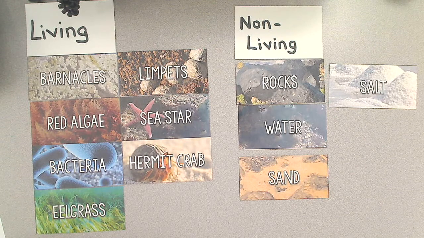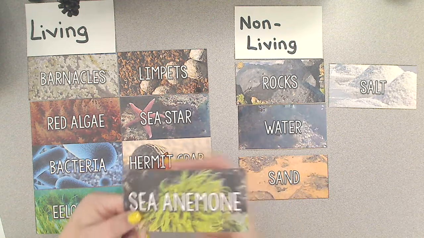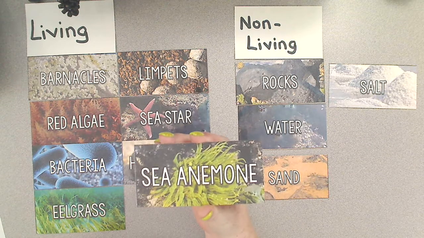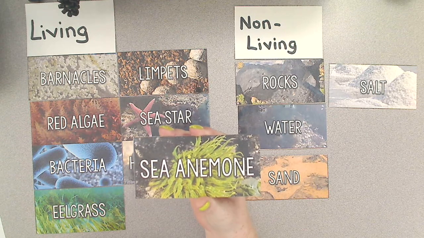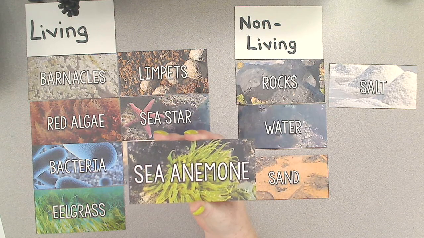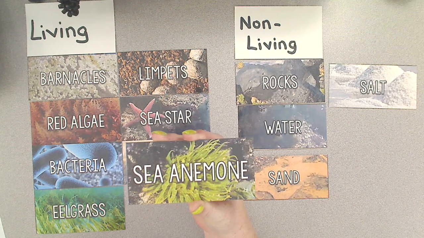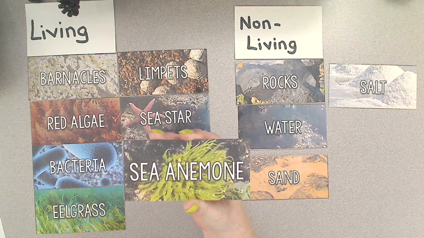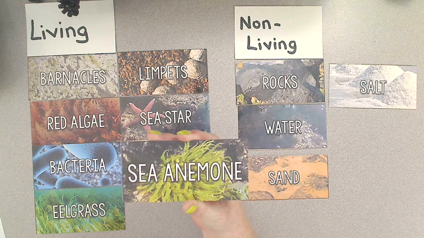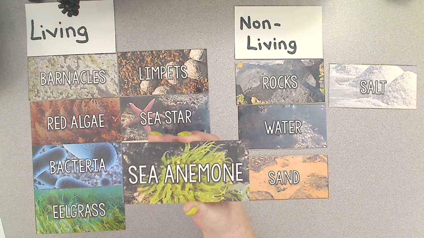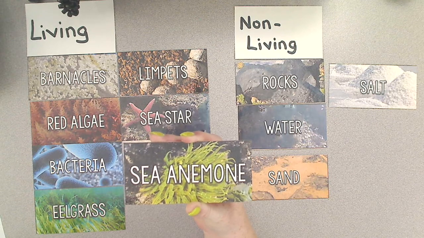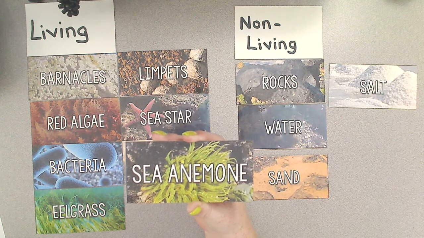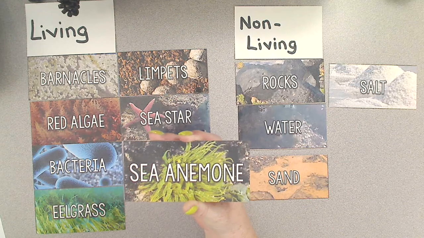And our last one is a sea anemone. That's a word that a lot of people have a problem pronouncing. A sea anemone is actually a type of creature. Clownfish like to live in them. Clownfish actually have a defense against the poisons and stingers that they let off.